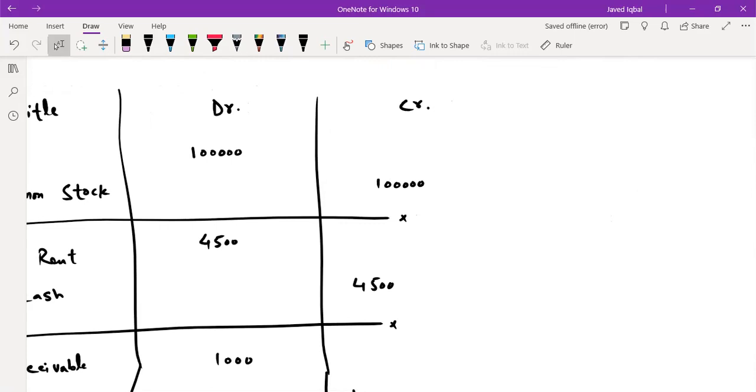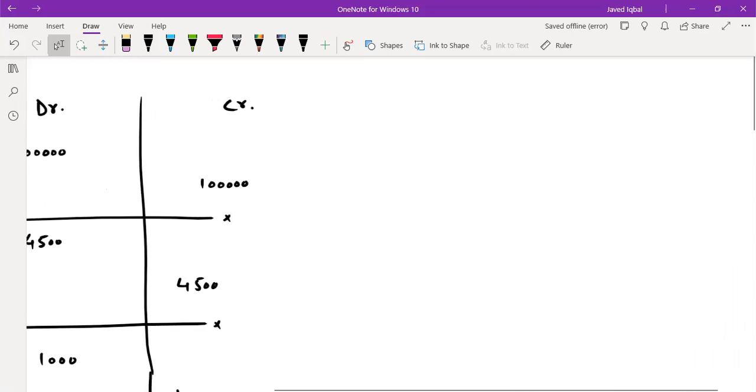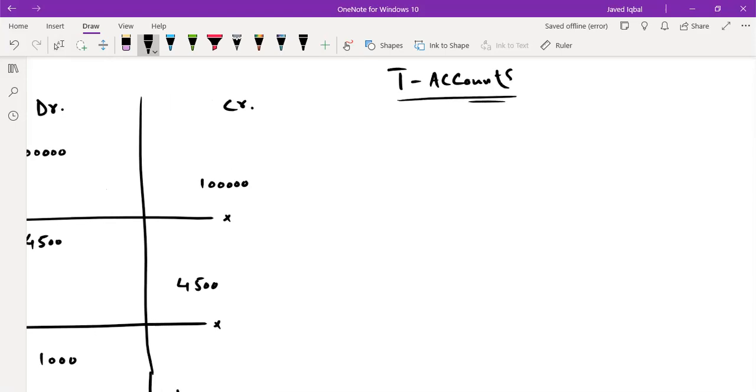So generally, in business studies, normally we don't go for ledger accounts. We go for their shorter version, which is called T accounts. So T accounts are basically a shorter version of ledger accounts.